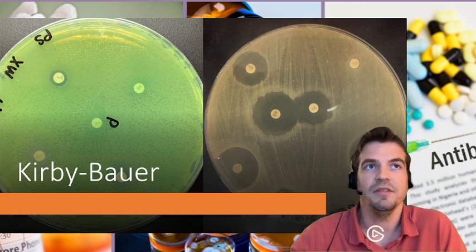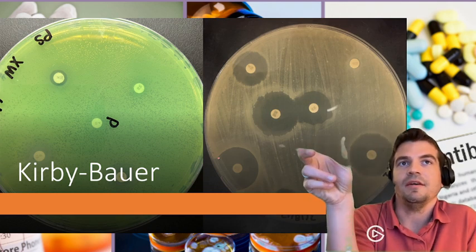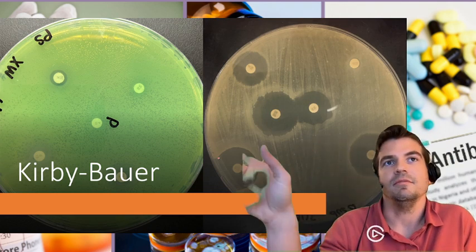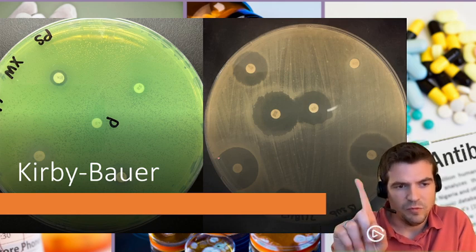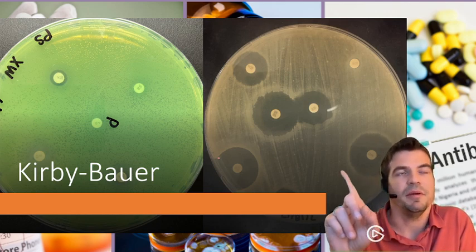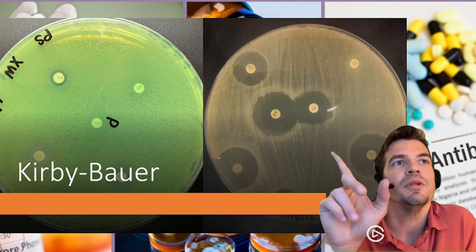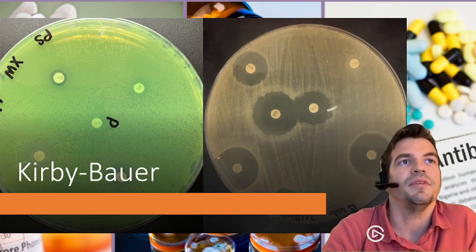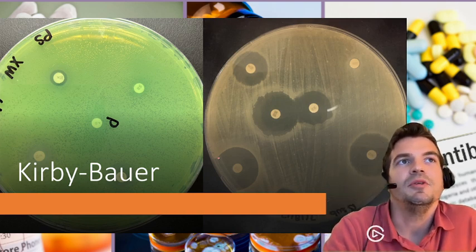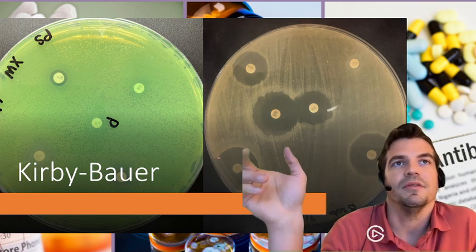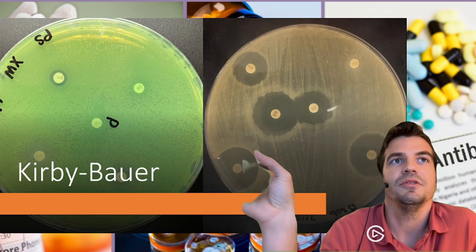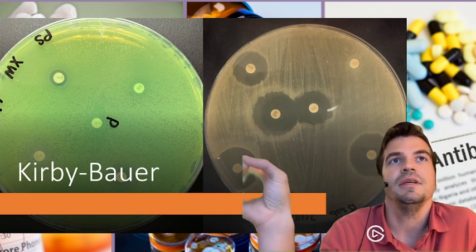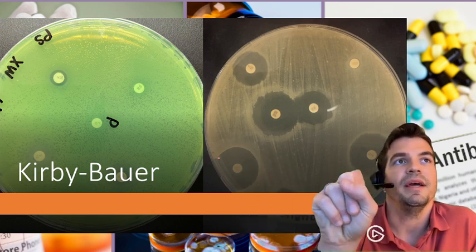If you have a Pseudomonas infection, like on the left, and you have a regular bacterial infection, maybe an E. coli infection or a B. cereus infection over here, you can see the difference. If you had a Pseudomonas infection, you have much less to choose from that will actually treat you than if you had this disease.